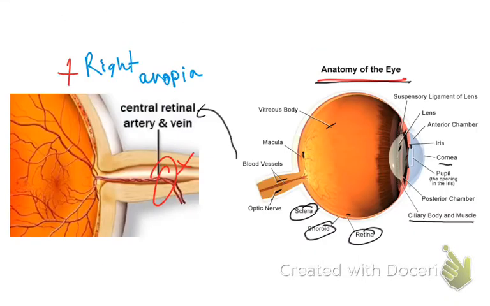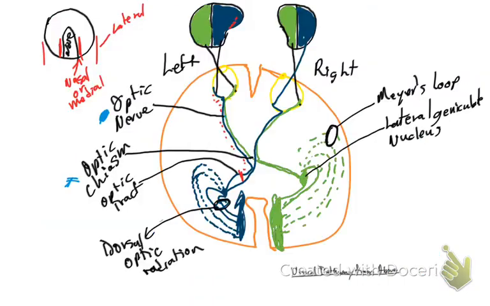So we can go to the picture that we drew at the beginning. Meyer's loop should be right here. Do you see Meyer's loop? In this area, a lesion there can cause this left homonymous superior quadrantanopia.